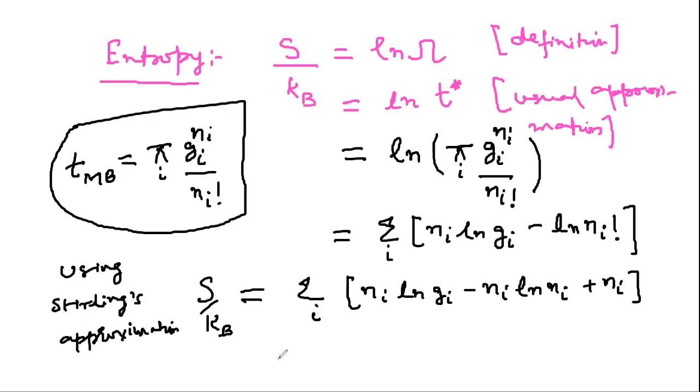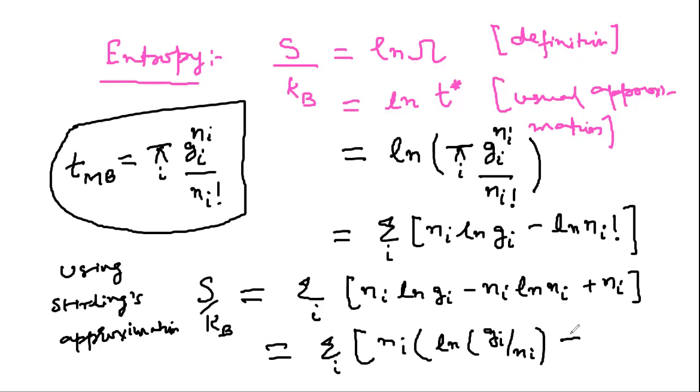Or I can rearrange it. I can write it as summation over i of n i times ln of g i over n i plus 1.